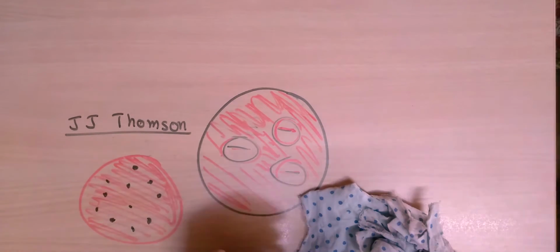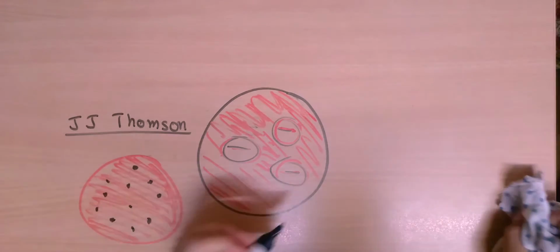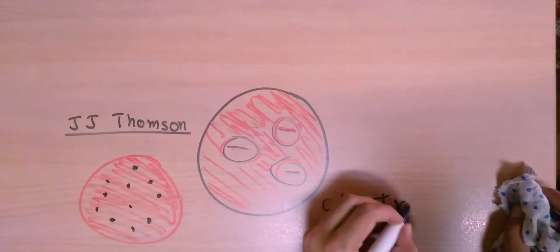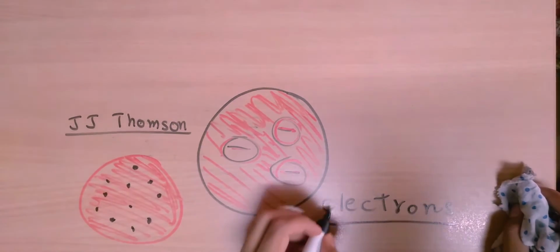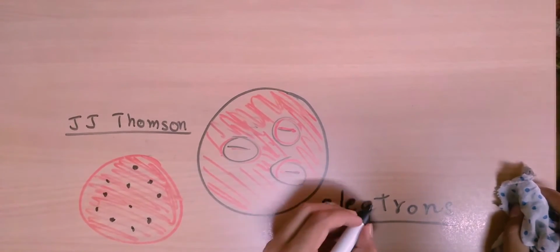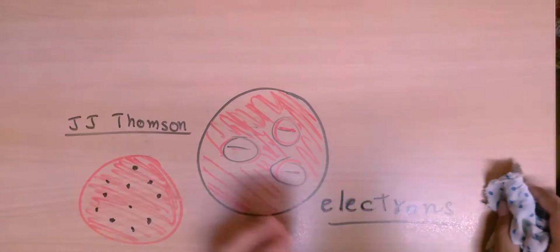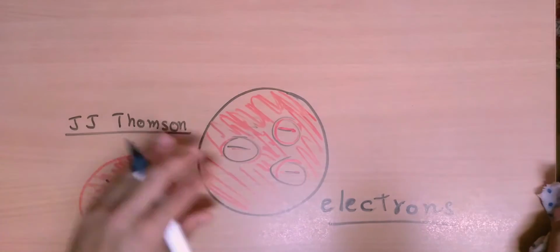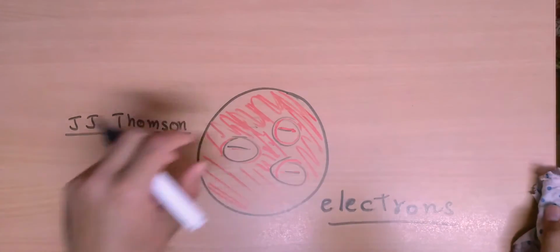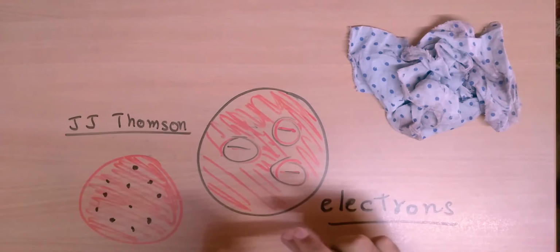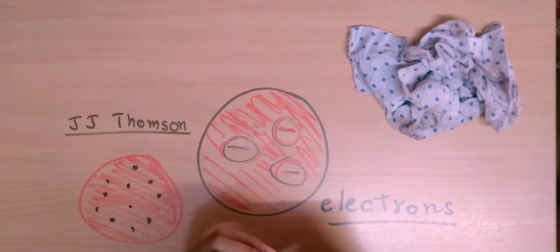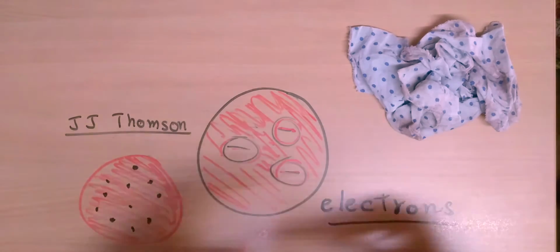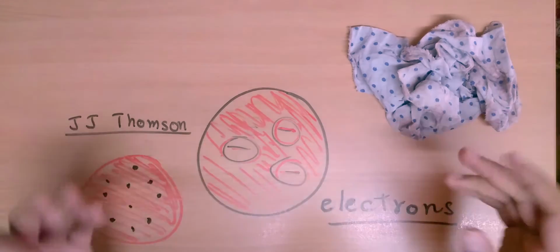And one last note, these negatively charged particles were then called electrons. So these negatively charged particles called electrons were embedded here, and surrounding them was this positively charged soup that was equal in magnitude. So the value of this positive charge was equal to the negative charge, so that the net charge on this whole atom is 0.